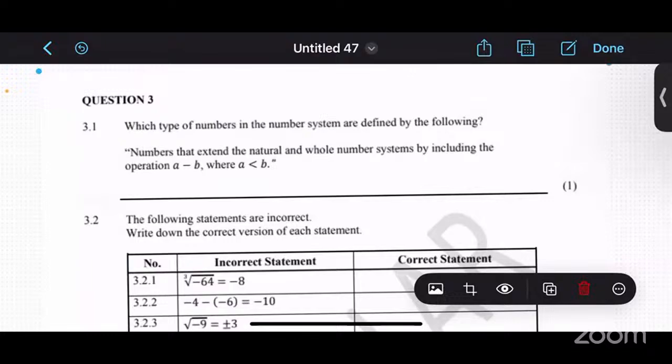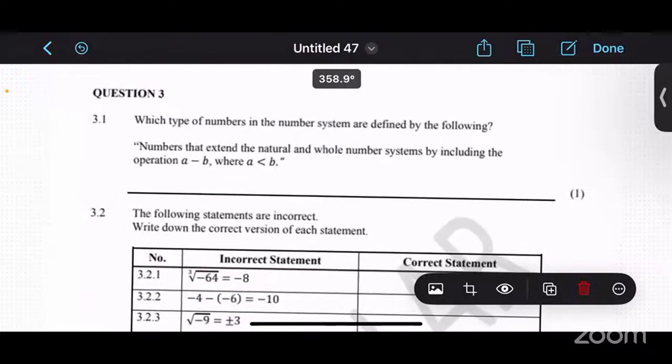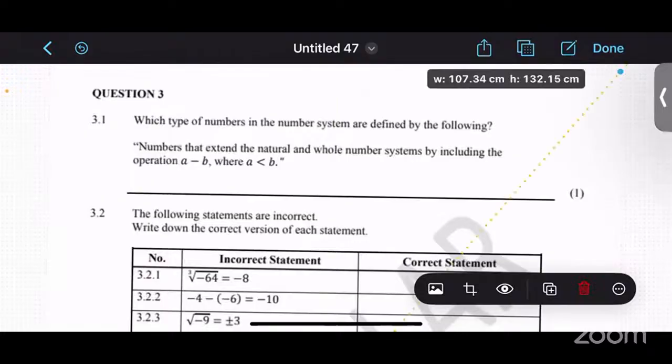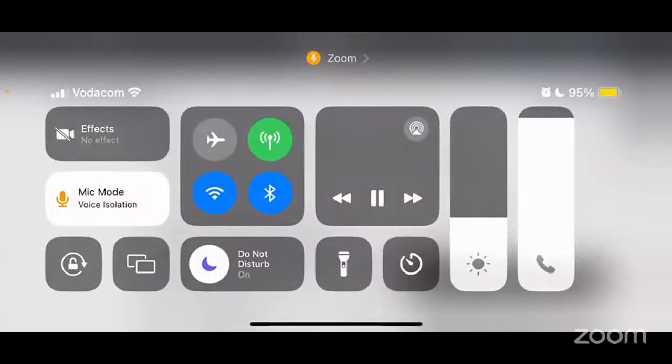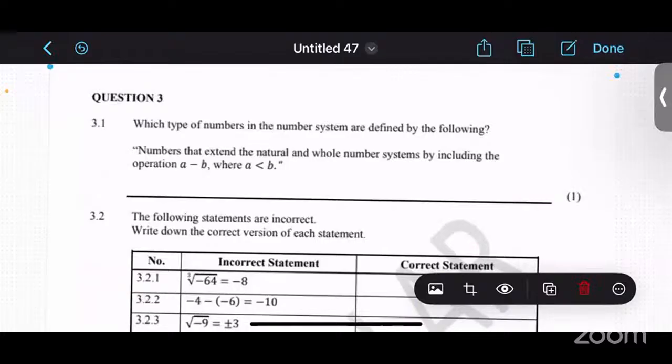So let's get into our question. It says: what type of numbers in the number system are defined by the following: numbers that extend the natural number and whole number system by including the operation a minus b, where a is less than b.